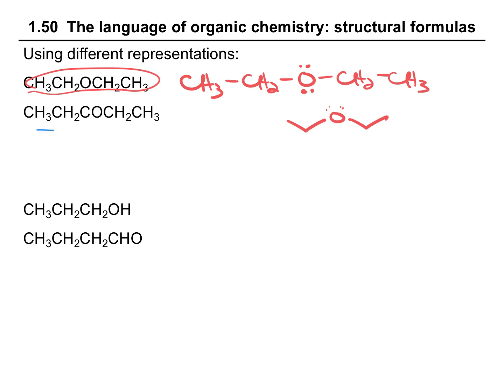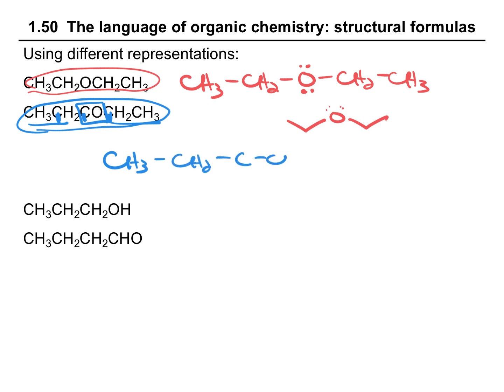Next, if we look at this one, again we have the CH3, CH2, CH2, CH3, but now we have a CO. So this carbon must be connected to this carbon, which is also connected to this carbon. So we have CH3 connected to CH2, connected to C, connected to CH2, CH3, and then this carbon must be connected to an oxygen, and to have enough bonds, it must be a double bond.